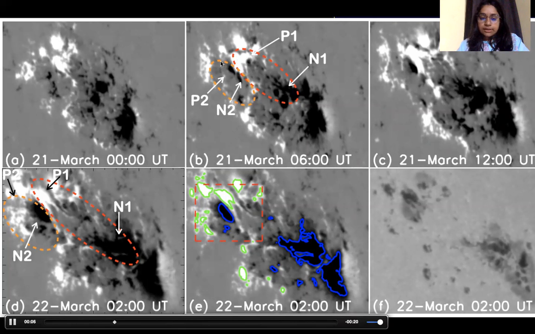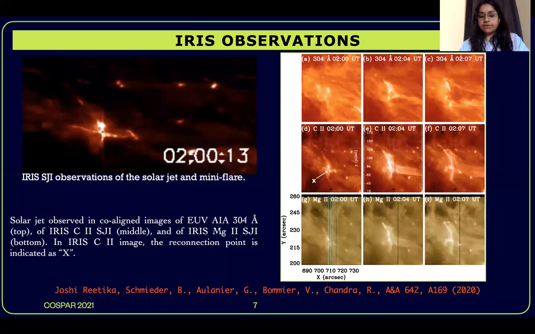In the other emerging flux region, EMF2, there are small patches of negative polarity. After that, the positive part goes up and the negative part goes down. After some time it got elongated and looks like this. We see that there is a shear between this positive part and this negative part, and a small bipole formed, which we will see later is exactly at the jet reconnection point.